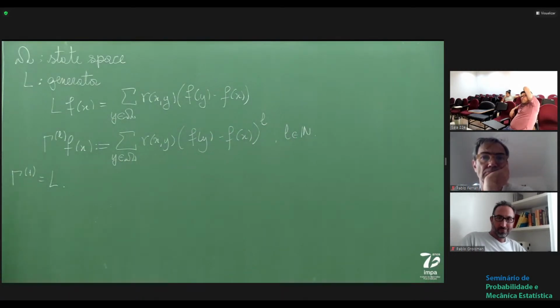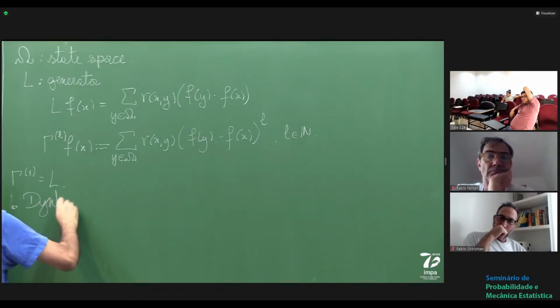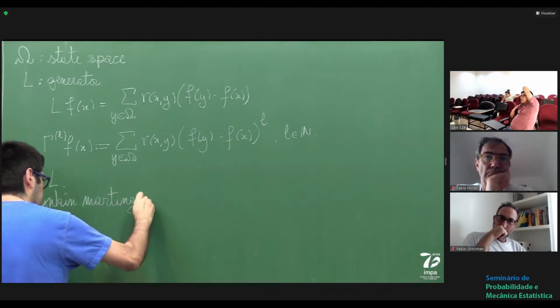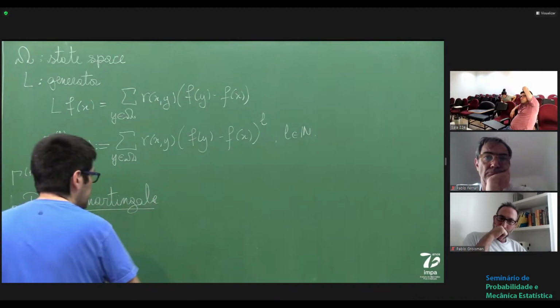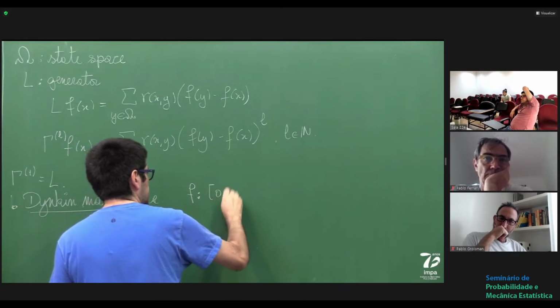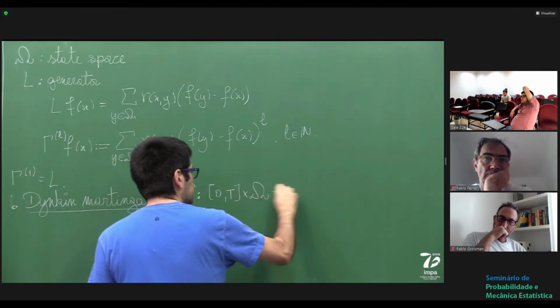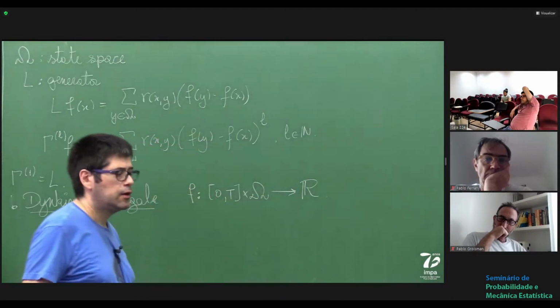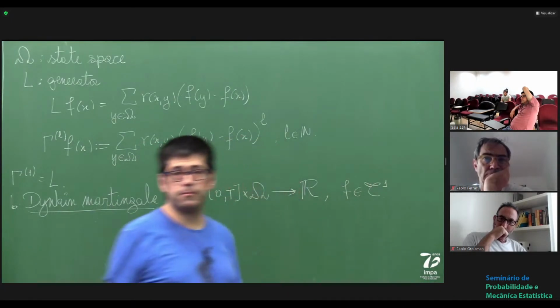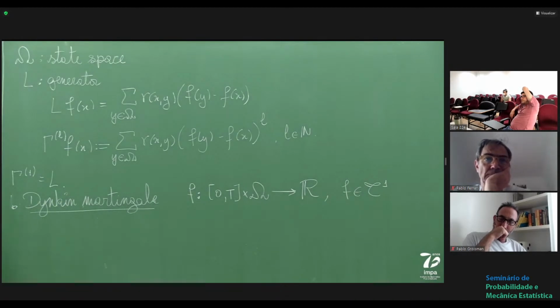So now I'm going to talk about what is the Dynkin martingale. Okay, so the Dynkin martingale is the following. So you take a function f that depends on time, and it goes from the state space to R. Okay? And I'm going to assume that the function f is differentiable in time. And then I'm going to define a process mt, which is the Dynkin martingale of f.